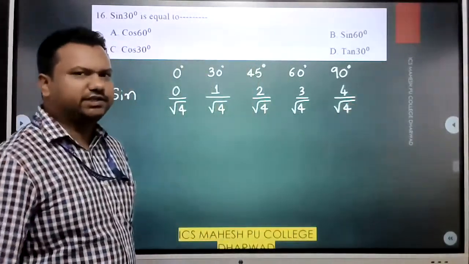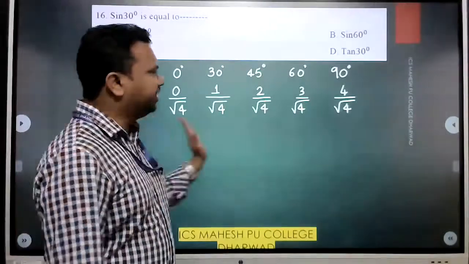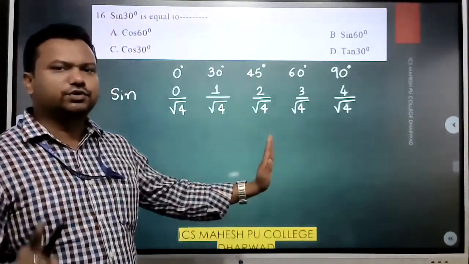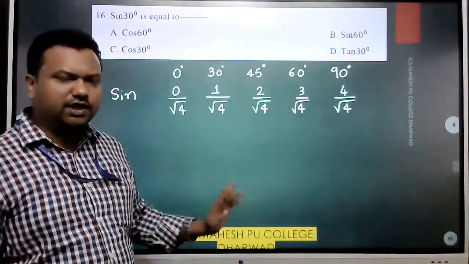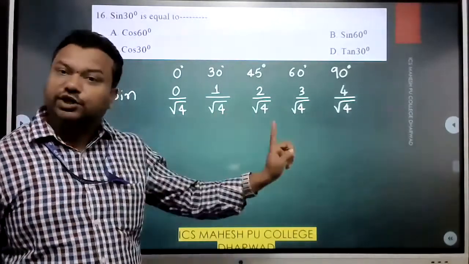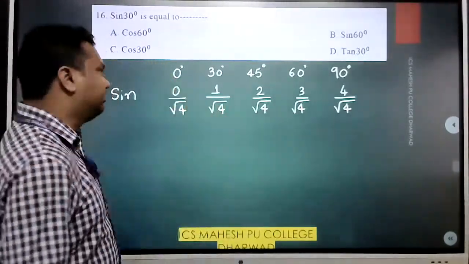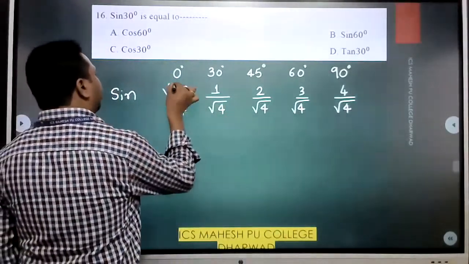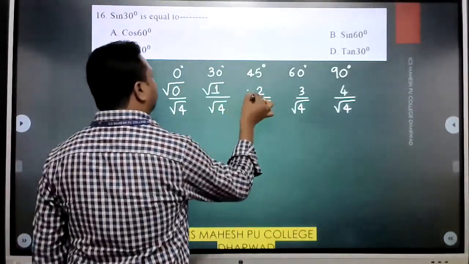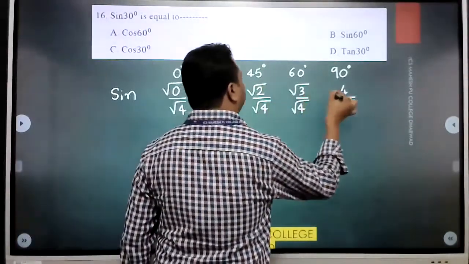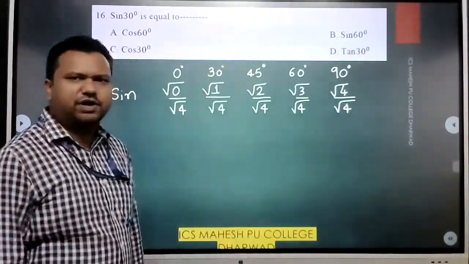Now, what is the interesting thing? In the denominator, we have root 4, root 4, root 4, root 4, and in the numerator I have taken 0, 1, 2, 3, 4. Now, what is the magic? You have to take the square root even for the numerator.